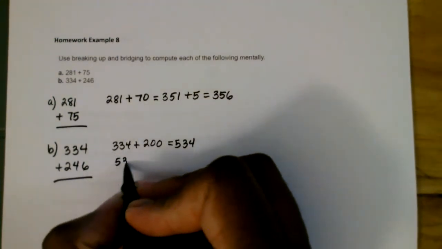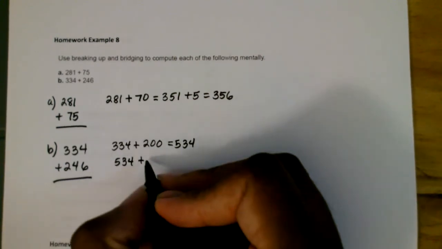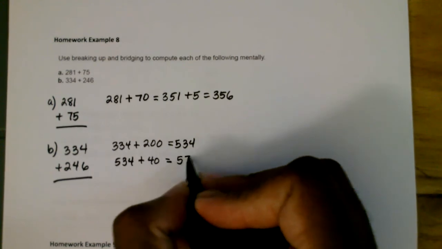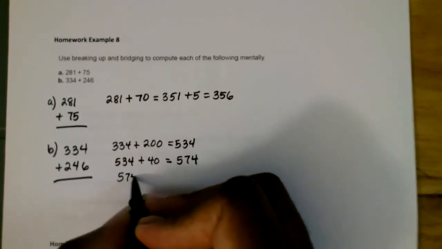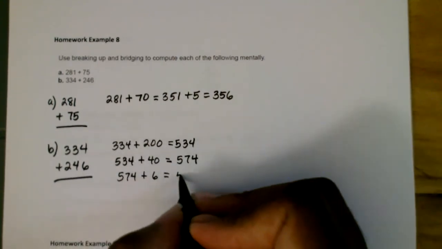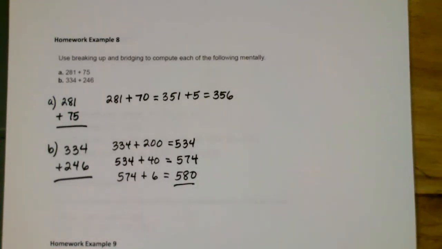And then take that 534, add that to the 4, which is in the tens place. So 534 plus 40 would be 574. And then take the 574, add that to the 6, which is in the ones place. That would give us 580. So 334 plus 246 would give us 580 as the final answer.